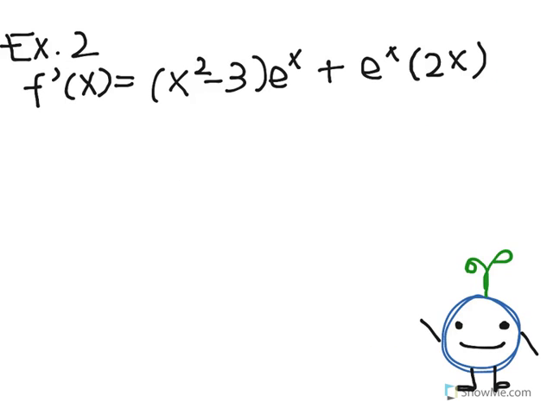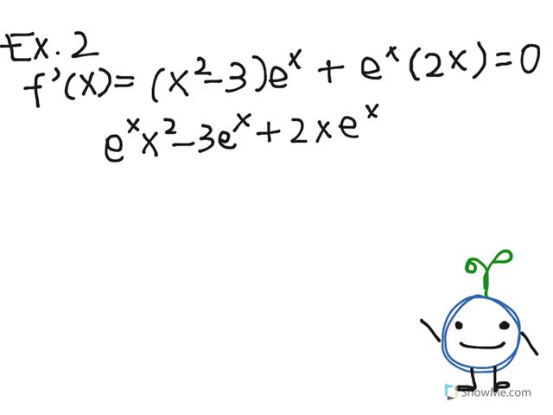Okay, so next we will show you how to find a max and min with the first derivative equation using a sign chart. What we would do is set the derivative equal to 0, because it's already a derivative, and then we would simplify it to this. Equals 0 to solve for x, and then we can see that we have e's in each of them, so we can factor out e to the x.